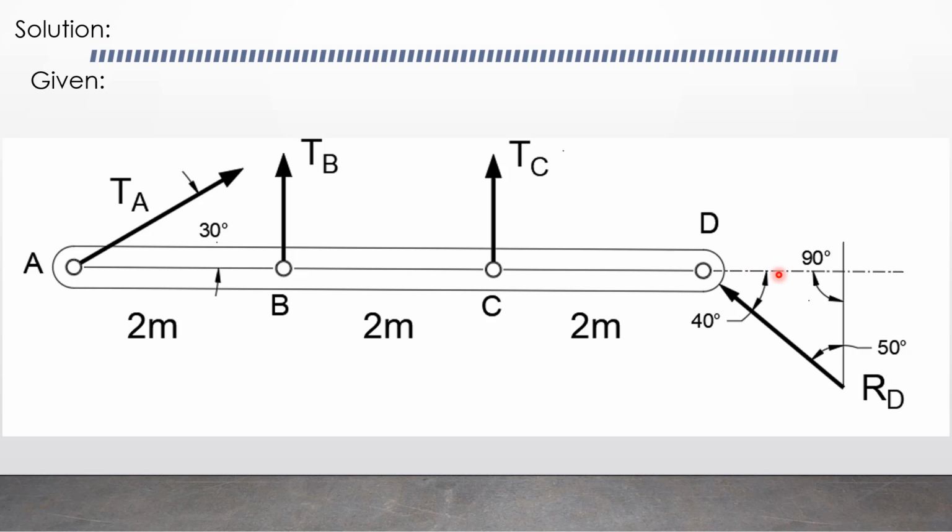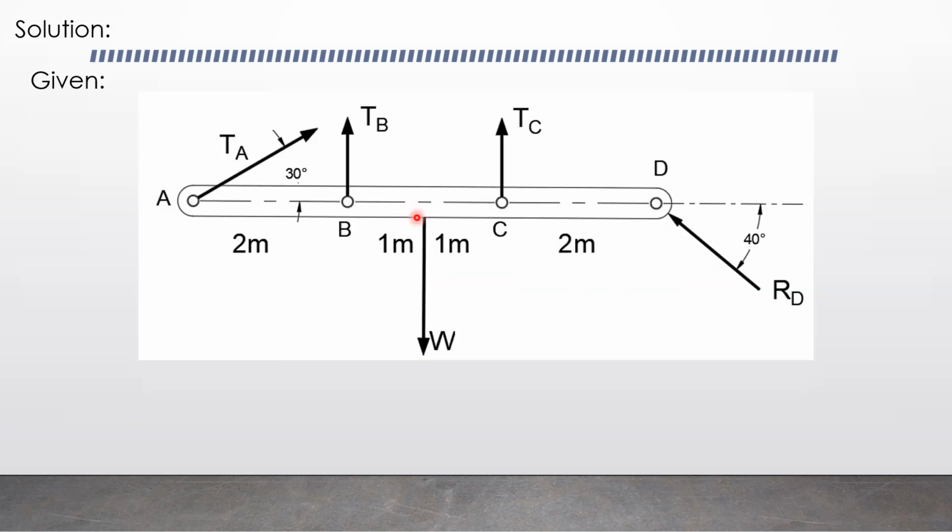And then the last force acting on the bar is its weight. Since the bar is homogeneous, the weight is equally distributed throughout the bar. When it is equally distributed, we can get the resultant. The resultant of the weight acts at the center of gravity, which is located in the center of the bar.